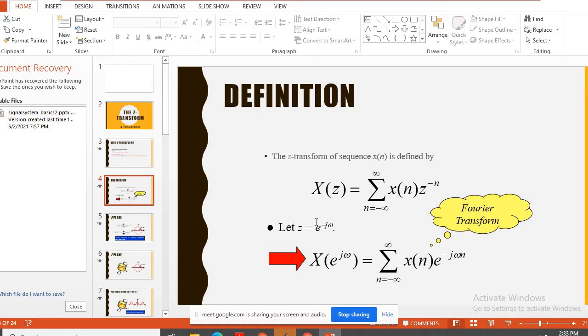Here z is equal to e raised to minus j omega, and X of e raised to j omega, conventionally we call it X of omega. That is the notation when domain mapping or domain switching is carried out. So, as written, X of e raised to j omega is equal to sum of x of n into e raised to minus j omega n.